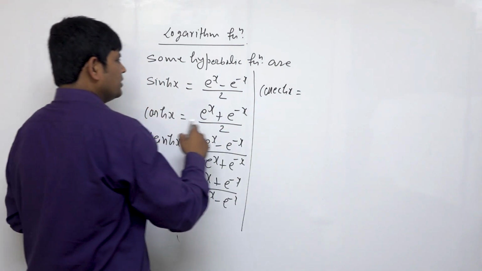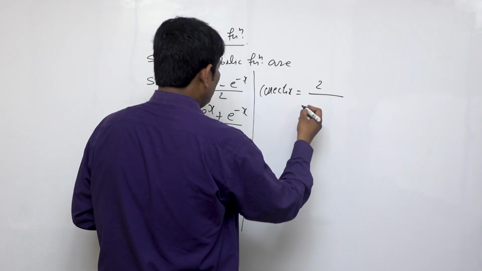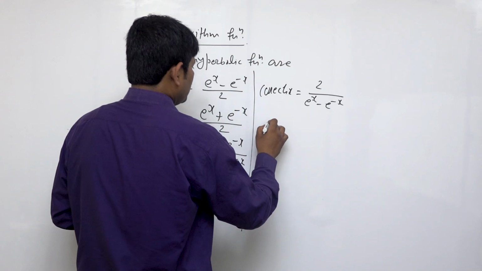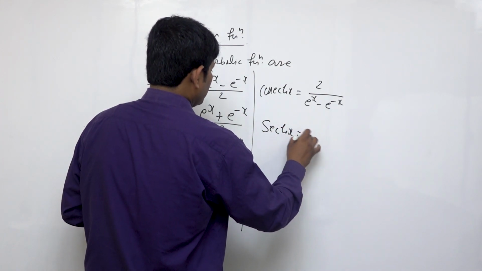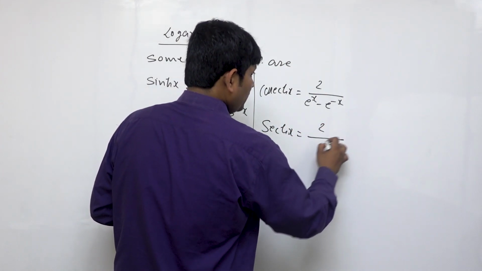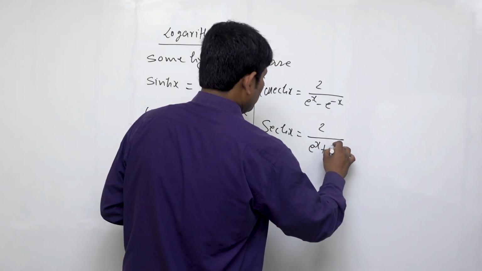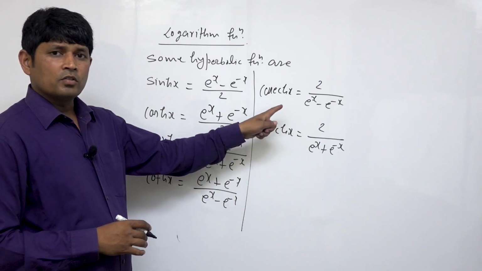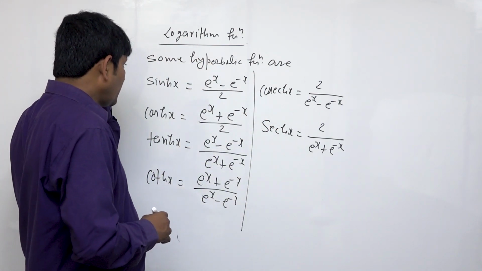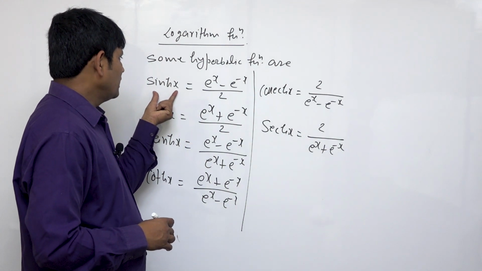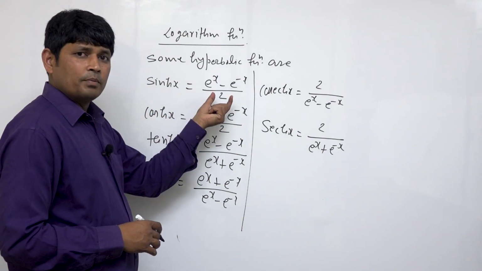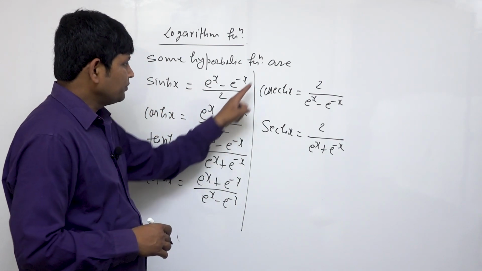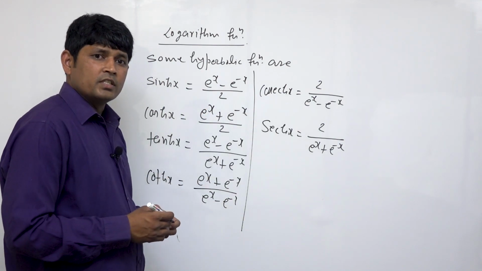Cosech x is 2 over e^x minus e^(-x), the reciprocal, as we know, and sech x is equal to 2 over e^x plus e^(-x). So as we said in the definition, hyperbolic function is formed by the help of exponential function, by the combination of exponential functions. So these hyperbolic functions are defined on the basis of exponential function.